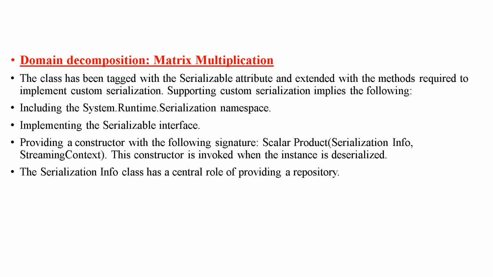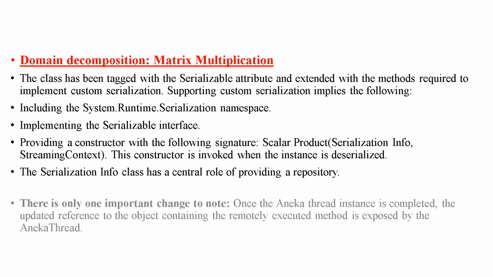The SerializationInfo class has a central role of providing a repository where all the properties defining the serialized format of a class can be stored and can also be referenced by name.